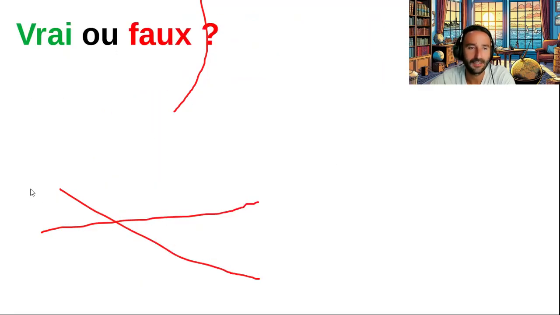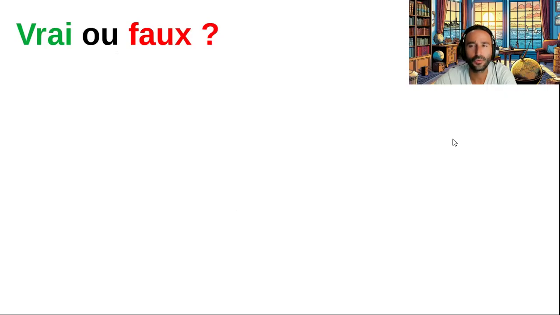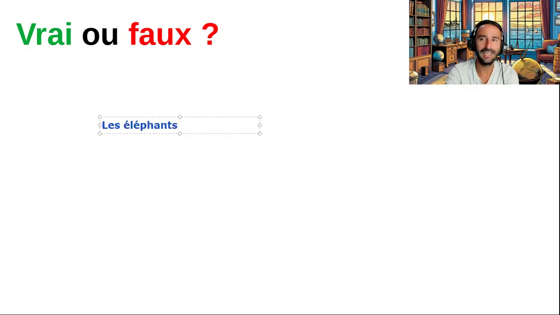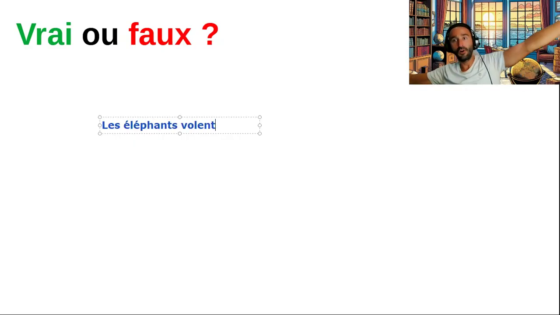Let's make an exercise to work the negative form. I'm going to pronounce some French sentences, and you're going to tell me if it's true or false. Vrai ou faux? Vrai, it's true. Faux, false. Par exemple, for example, if I say les éléphants volent.